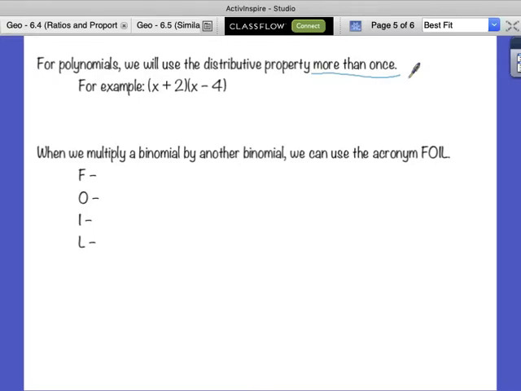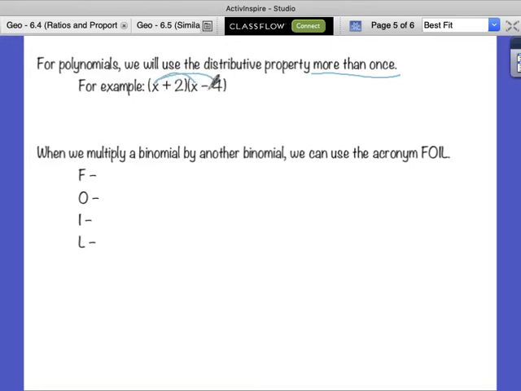So what we do, guys, is here we have a binomial and a binomial. And what does it mean when two parentheses are right next to each other like that? Multiplication. We don't see a plus or minus sign between them like we did on the worksheet for today. This means multiplication. So I'm going to take x and distribute it to everything in the second parenthesis, because we're multiplying this whole parenthesis times this whole parenthesis.